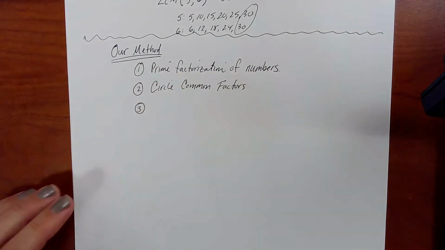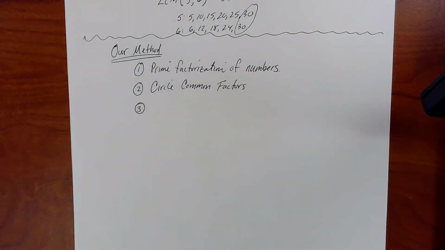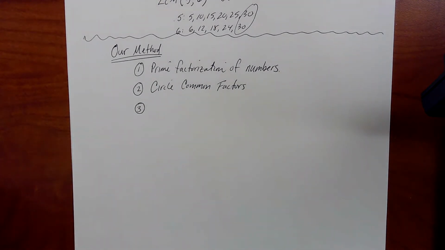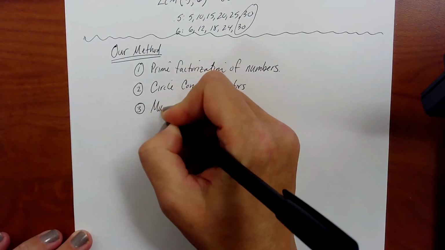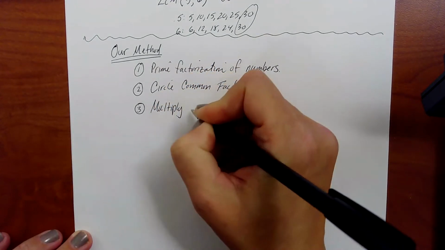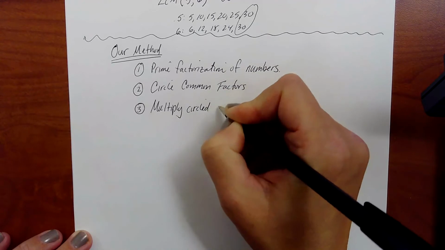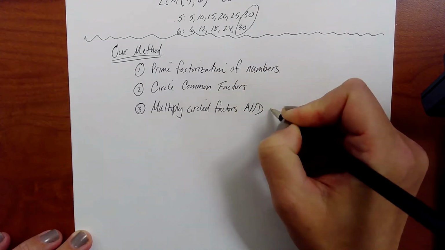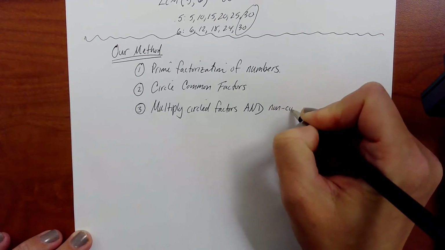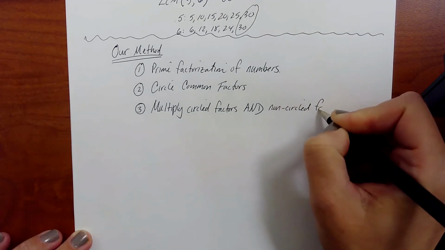The only change is in step 3. For the GCF, you multiplied just the circled factors together. For the LCM, you're going to multiply the circled factors and the non-circled factors.